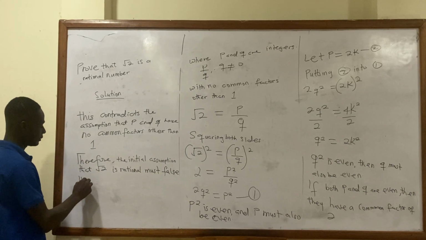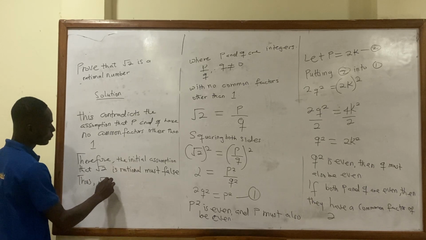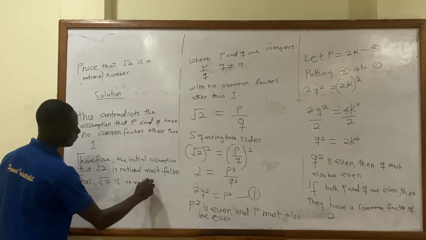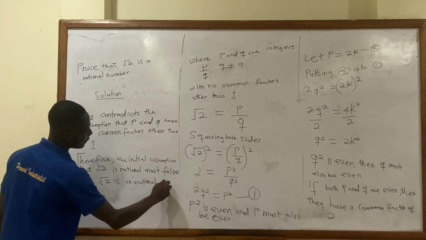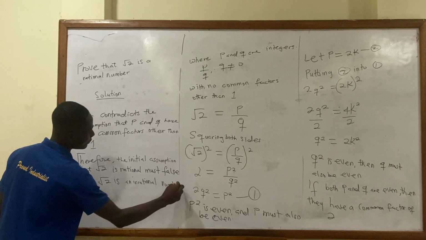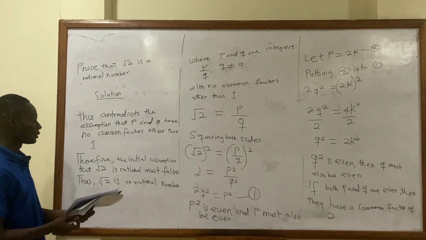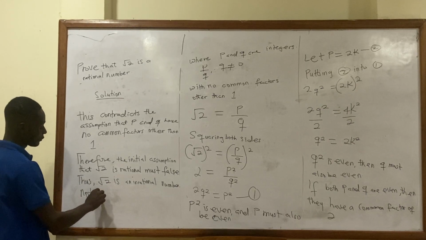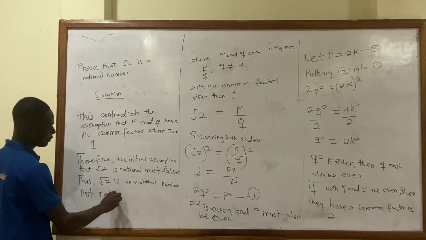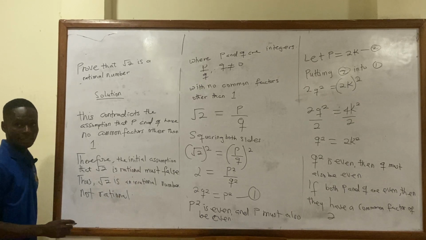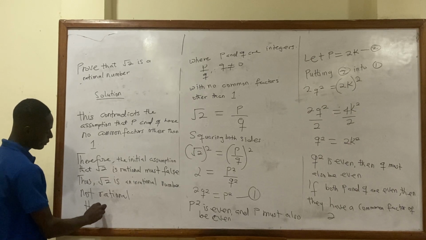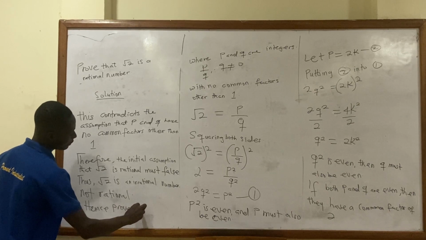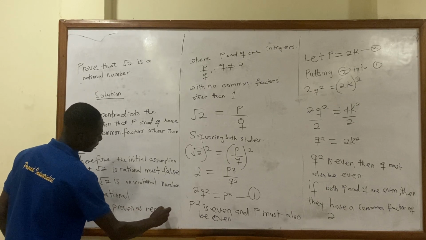That's, root 2 is an irrational number. All right? That's root 2 is an irrational number, not rational. All right? Hence proving as required.